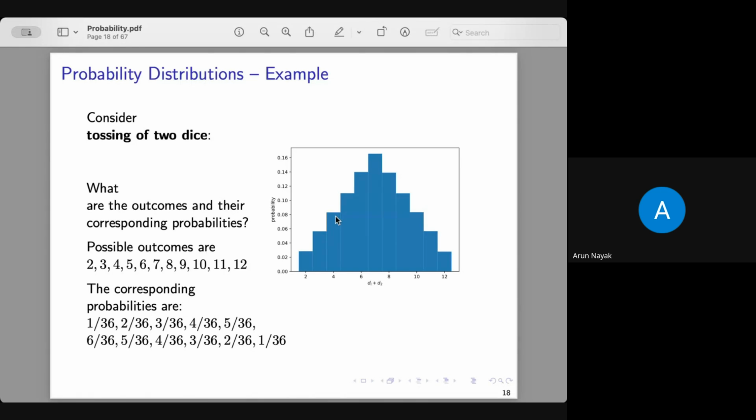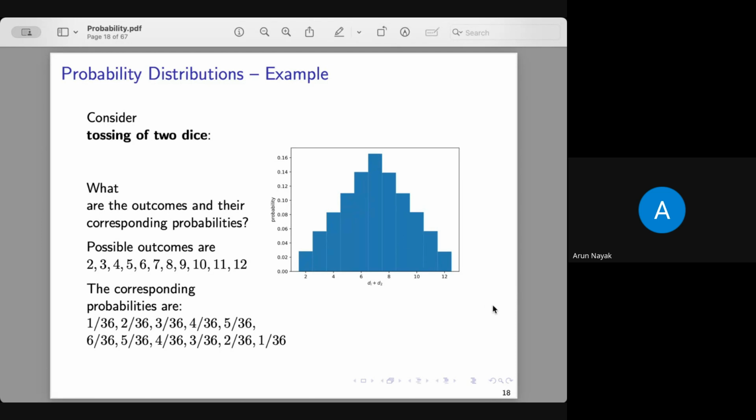So that probability will come like this. As you can see here, the possible outcomes are 2 to 12, and the corresponding probabilities will be between 1 over 36 and up to 6 over 36. The probability of getting 2 is small, also the probability of getting 12 is very small, while 7 is the maximum, which is 1 over 6.